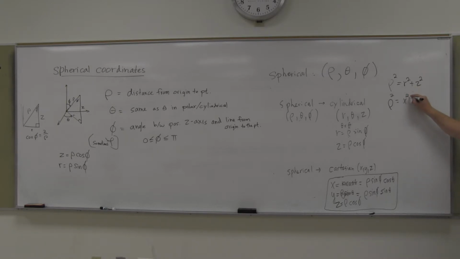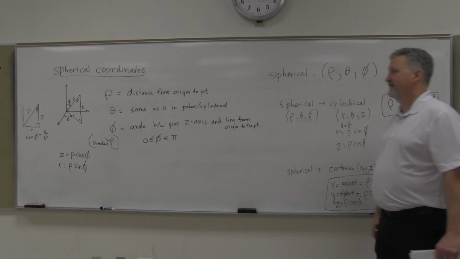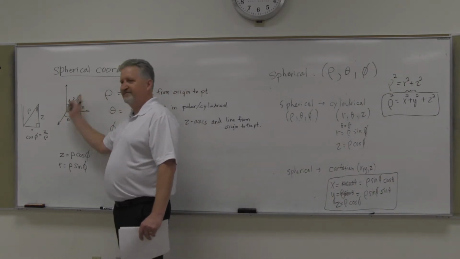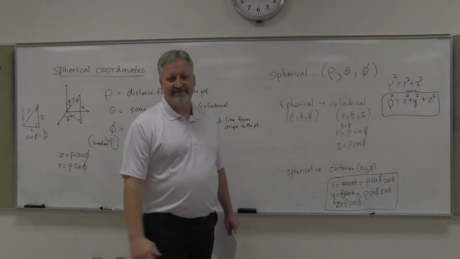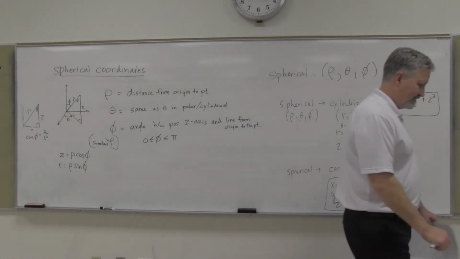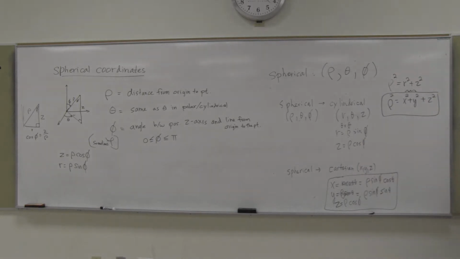X squared plus y squared. So rho squared is x squared plus y squared plus z squared. That's another helpful little equation. And I guess another way you could look at it is, yeah, it's the distance from the origin to the point. So rho squared would be the square of that. Anyway.